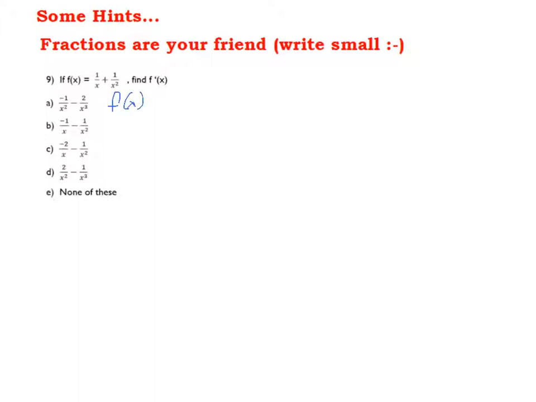The derivative is equal to the limit as h approaches 0 of, now I'm going to put x plus h in for all the x's. It's going to be 1 over x plus h plus 1 over x plus h squared. And then I'm going to have to subtract the function, which means subtract 1 over x and subtract 1 over x squared.